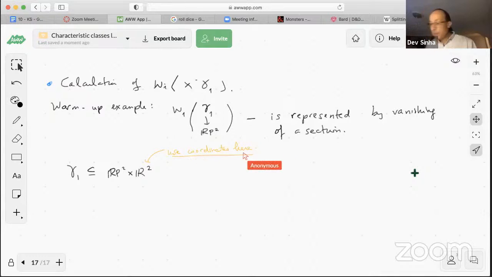So the point is, with vector bundles, you only have local coordinates.